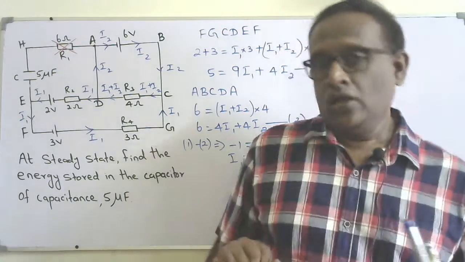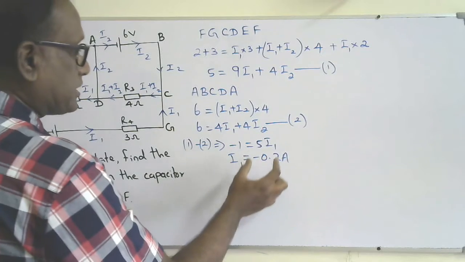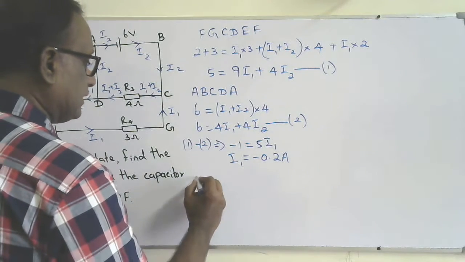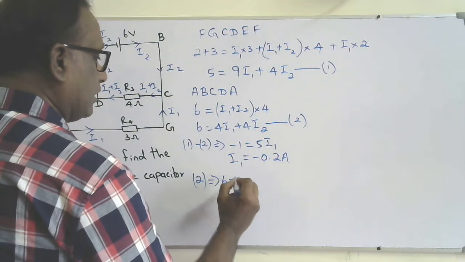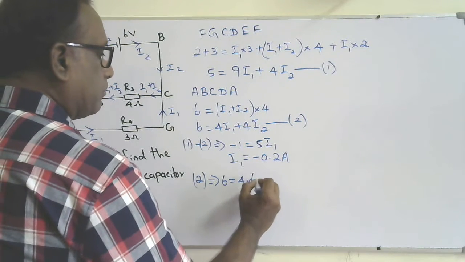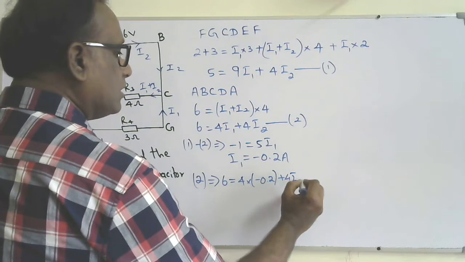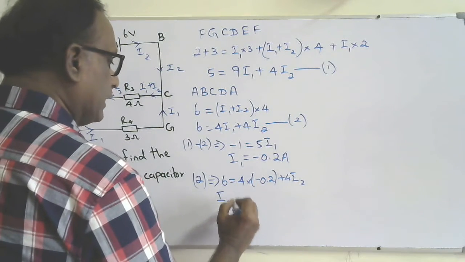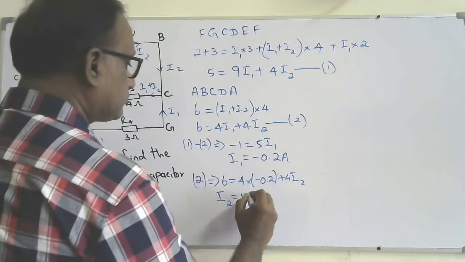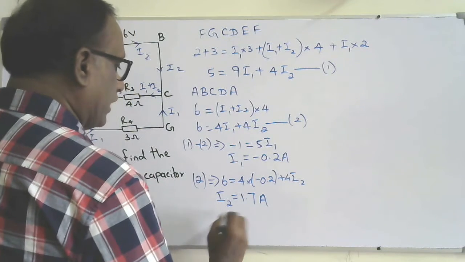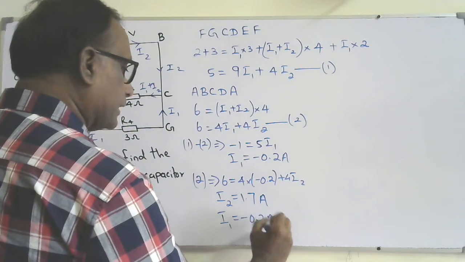Then we'll find I2 by substituting this in the second equation: 6 equals 4 into minus 0.2 plus 4I2. Solve it for I2, and you will get 1.7 amperes. So I2 is 1.7 and I1 equals minus 0.2 amperes.